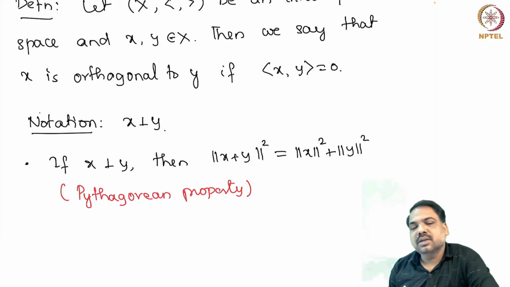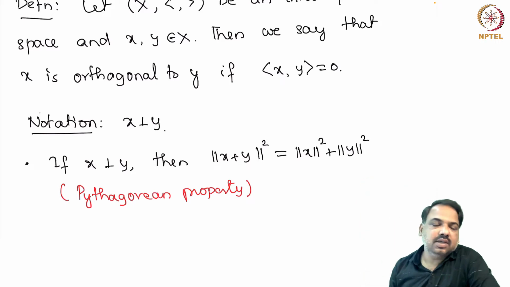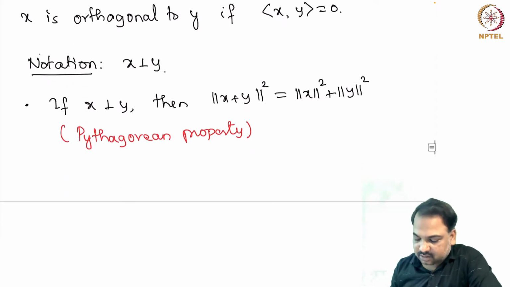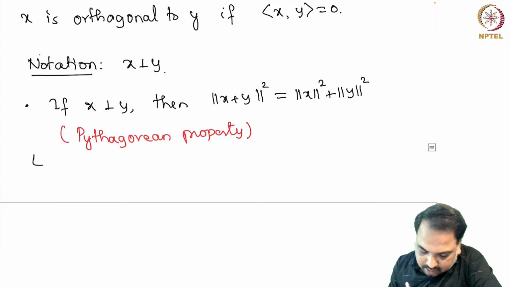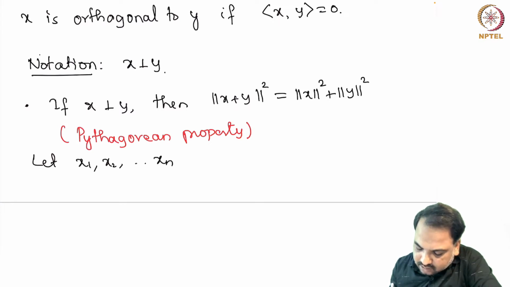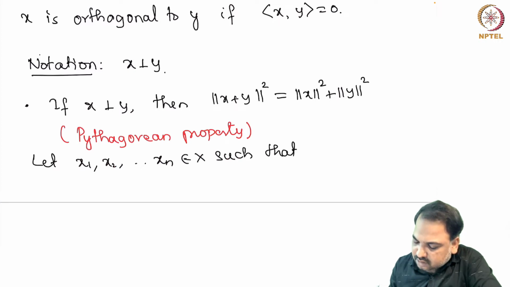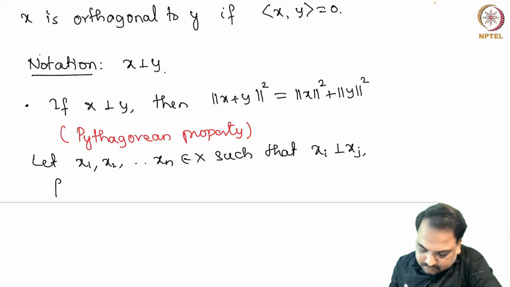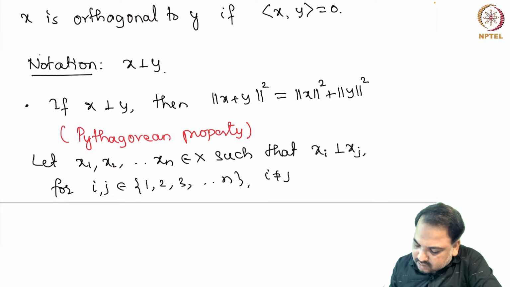Since this Pythagorean property is valid for two vectors, we can say that it is also valid for finitely many vectors. So let us take x1, x2, and so on, xn in X, such that xi is orthogonal to xj for i, j in 1, 2, 3, and so on, n, and i not equal to j.